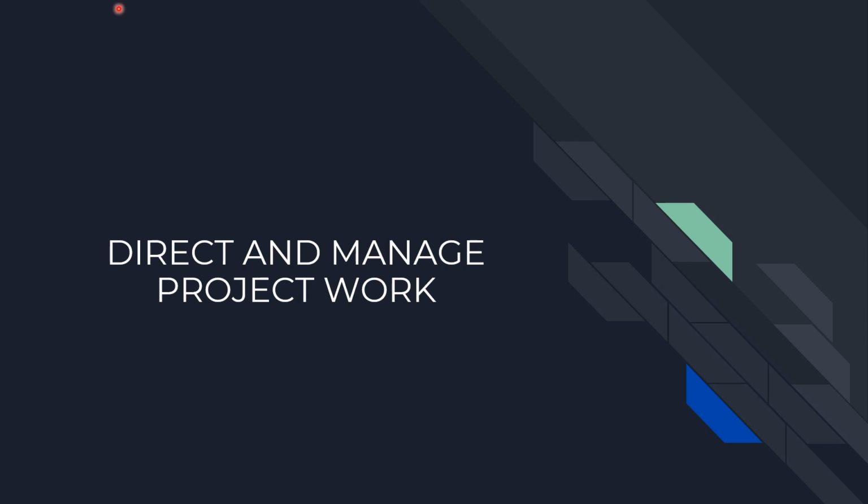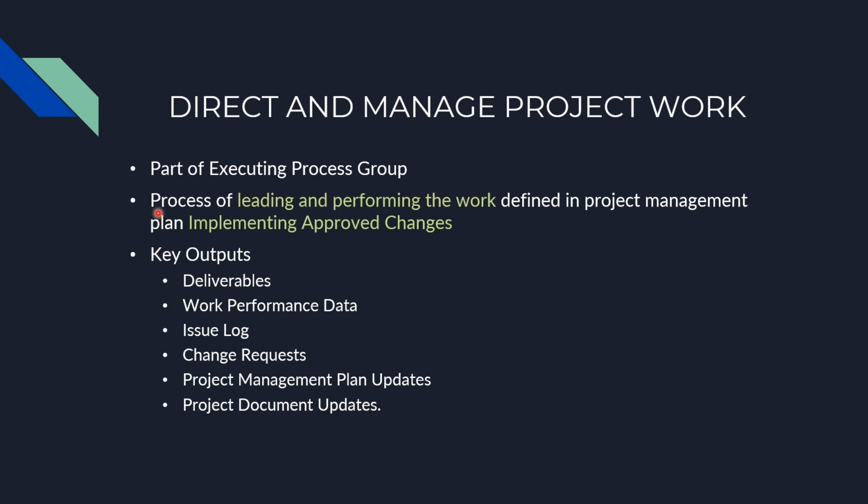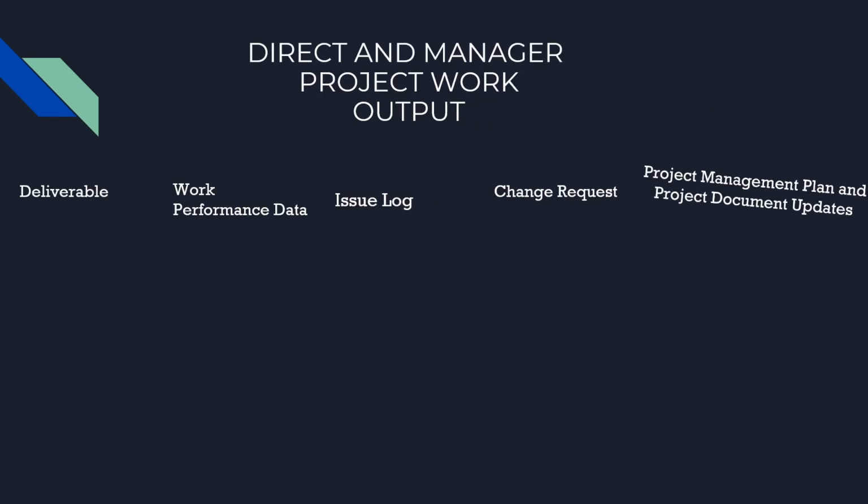Now let's understand the processes under the executing process group, which is direct and manage project work. Keywords for direct and manage project work are leading and performing the work defined in our project management plan, and implementing the approved changes. Let's understand the key outputs for this process.